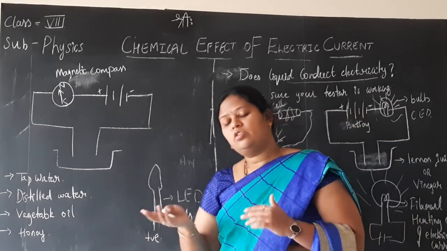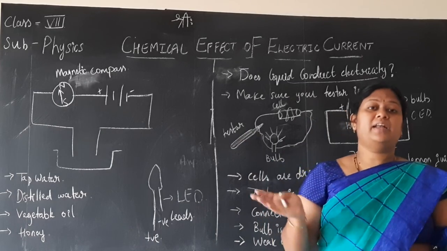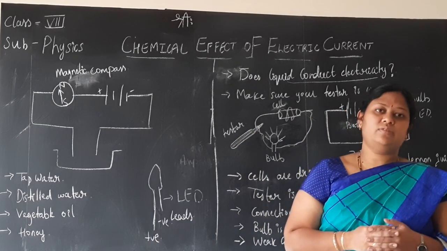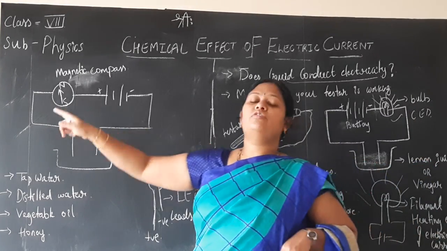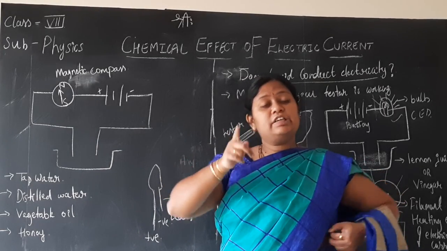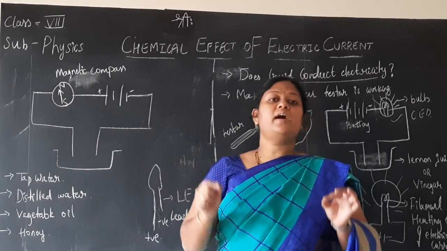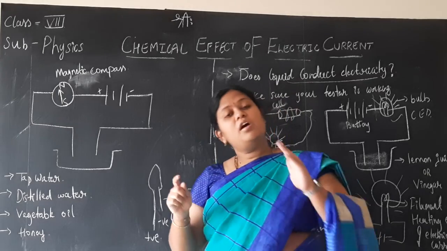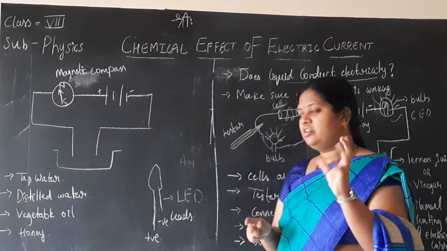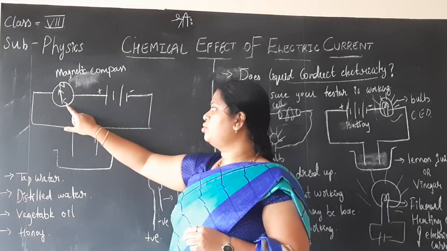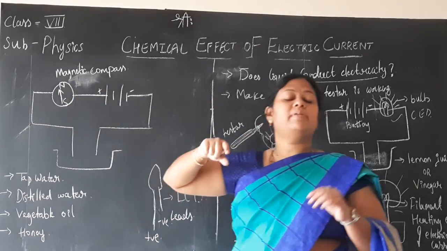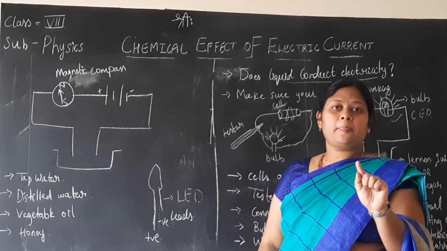Like poles repel, unlike poles attract, all these properties you know. In the magnetic compass also, the needle which shows deflection is a tiny bar magnet. I will show you how it works. The actual magnetic compass I will show you. The magnetic needle is nothing but the tiny bar magnet.